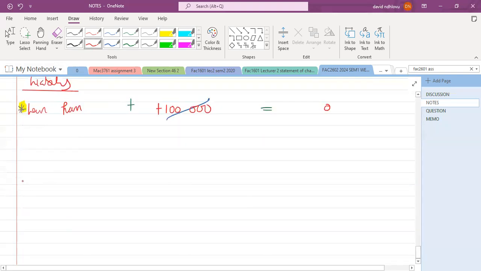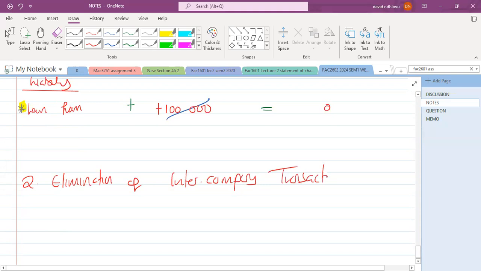Number 2, elimination of intercompany transactions. Right, intercompany transactions gave us common items.